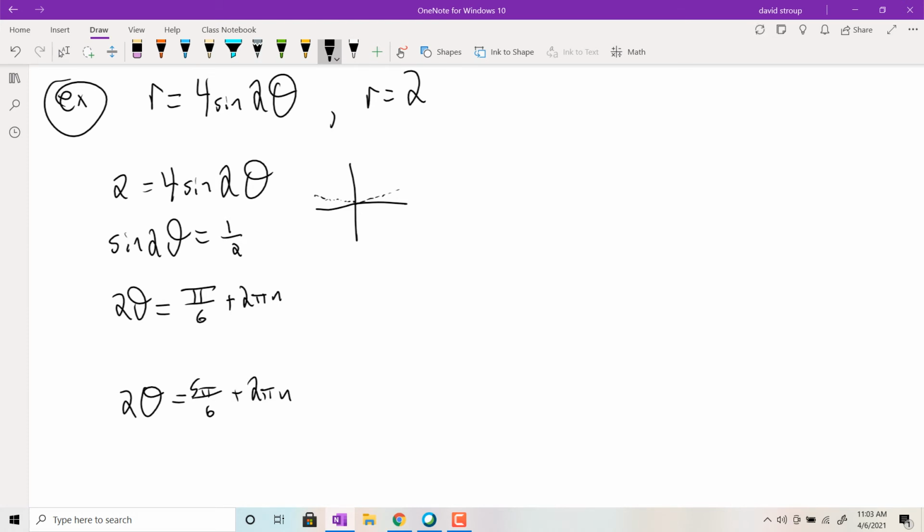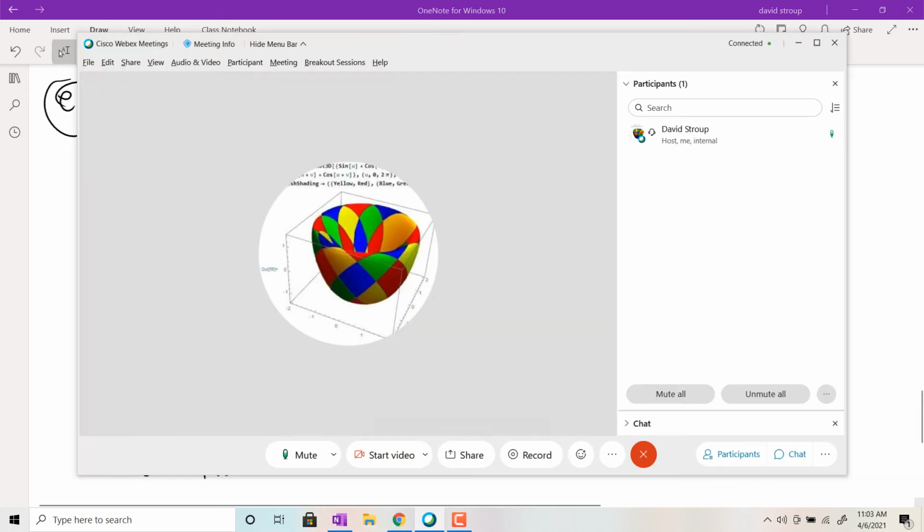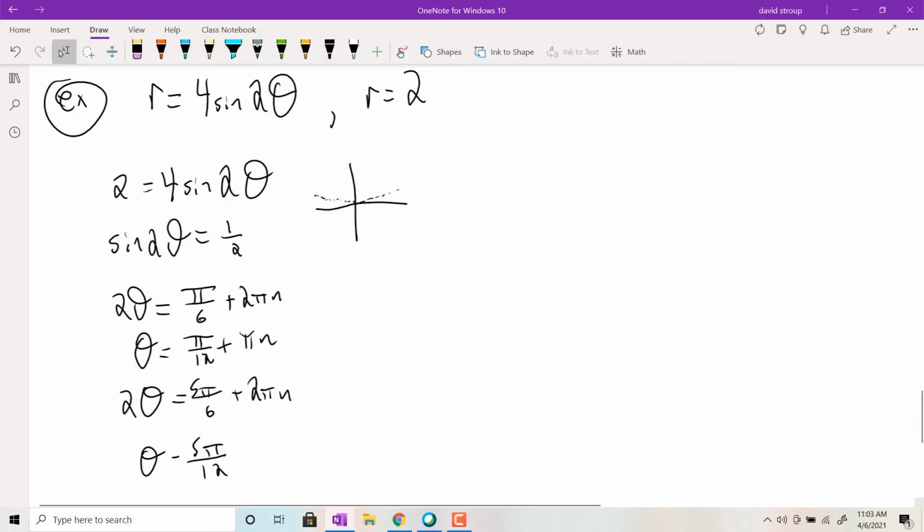And then if you divide by 2, you get theta is pi over 12 plus pi n, and then theta is 5 pi over 12 plus pi n. 2 pi n divided by 2 is pi n. Okay, so it seems like we got some solutions.